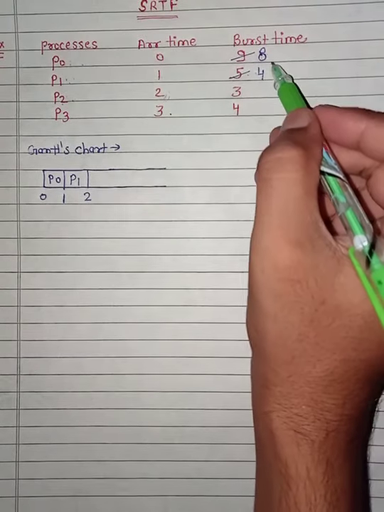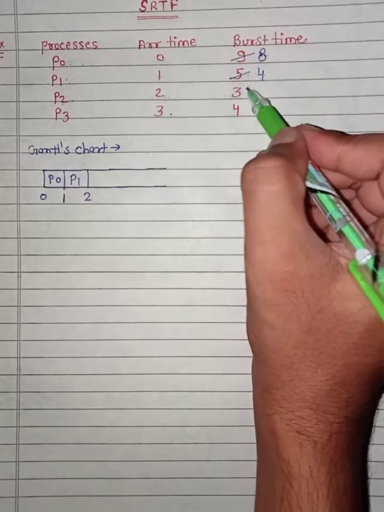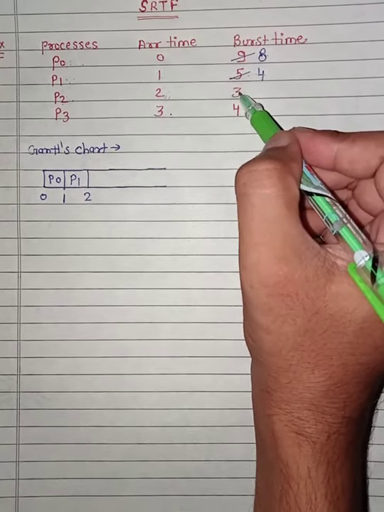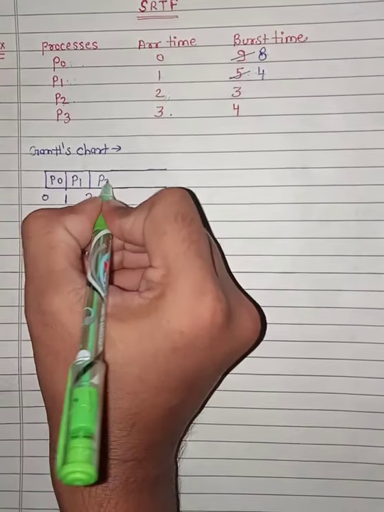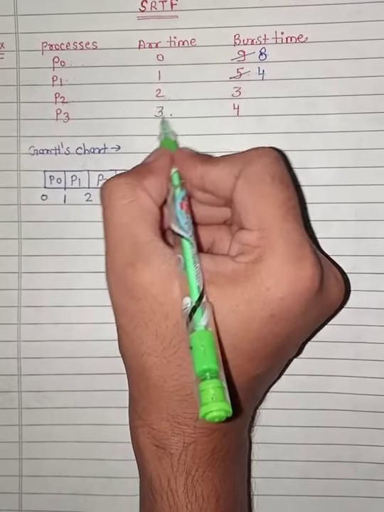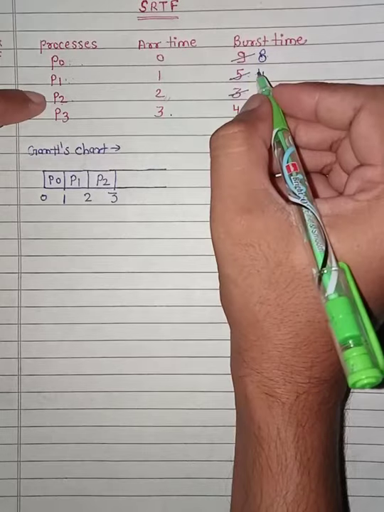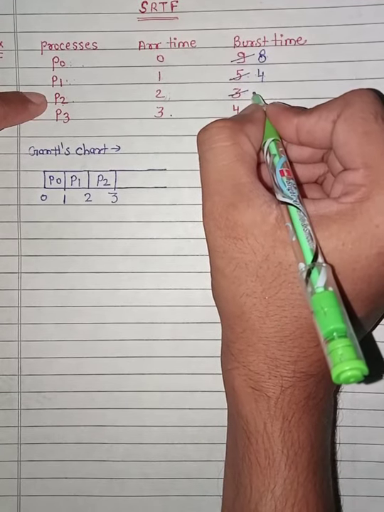So we will find the shortest among 8, 4 and 3. Shortest is 3. So process P2 will execute now up to time 3.